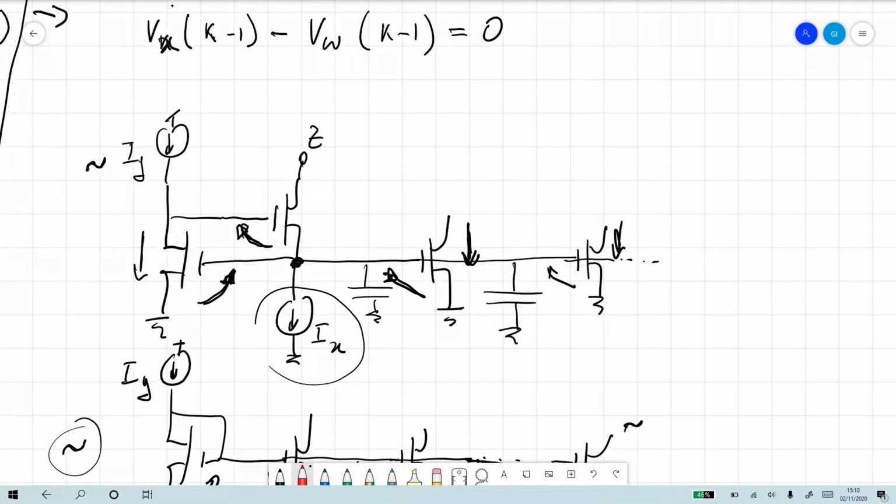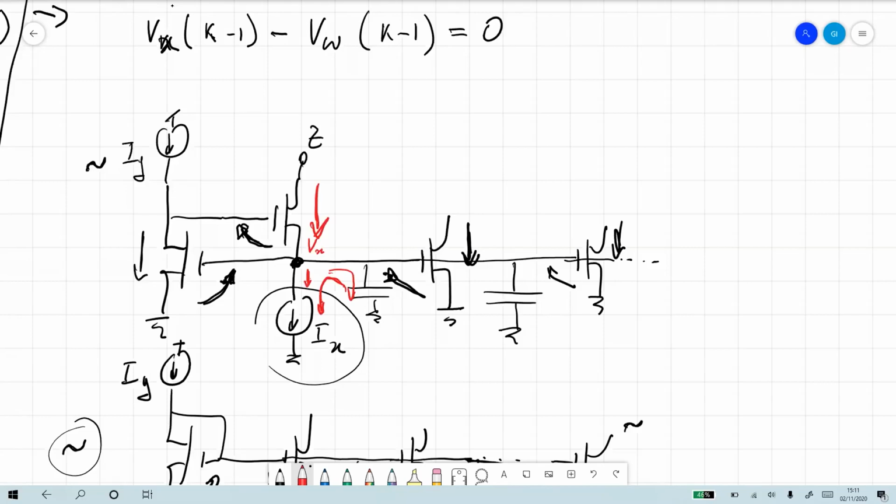And because of this feedback mechanism, the extra transistor here that's pushing the same current is clamping the voltage to a constant value, or as soon as we try to change it, the fact that we have a bias current Ix will charge up and discharge the capacitor through Ix.